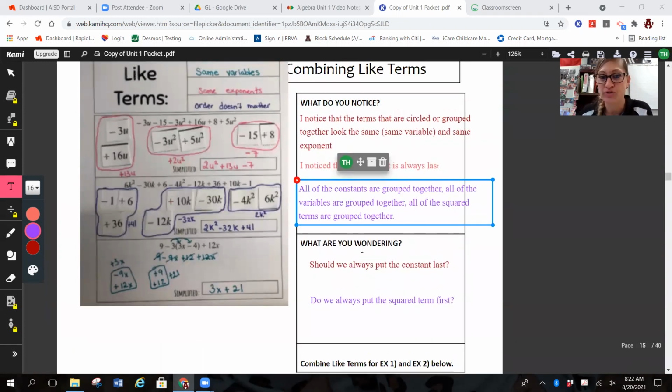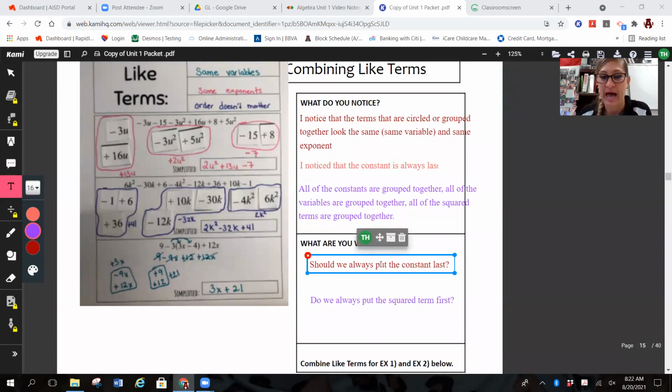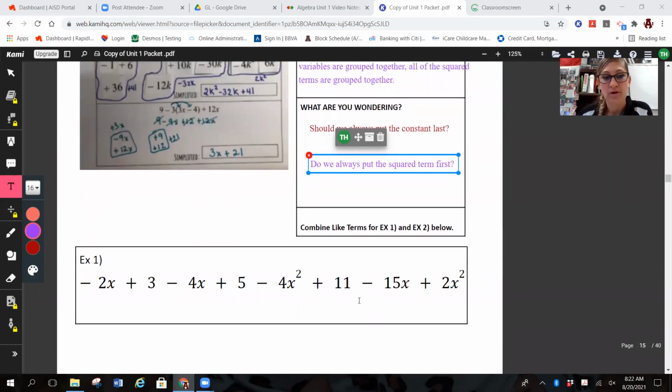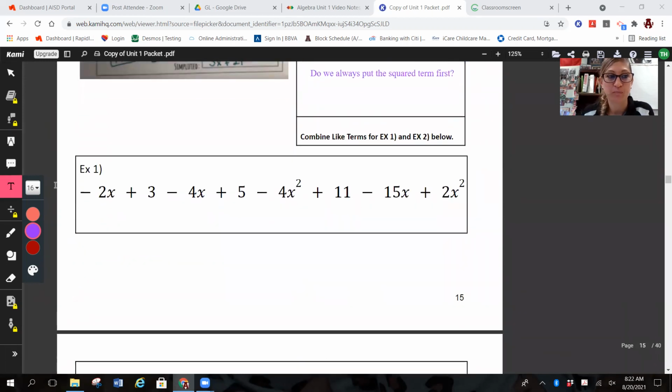Now, what I'm still wondering is, should we always put the constant last? And do we always put the squared term first? That's what I'm wondering. All right, let's take a look at example 1. We're going to do the same thing. We're going to group all of the constants together, all of the x terms together, and all of the squared terms together.